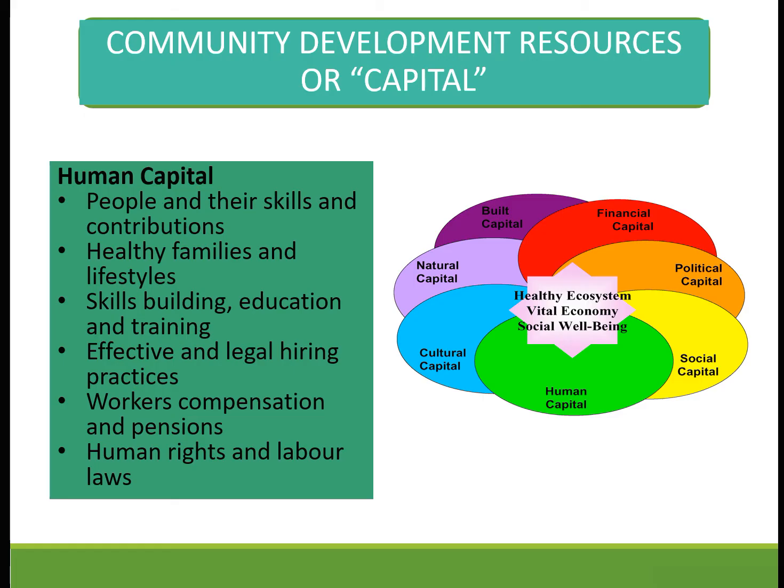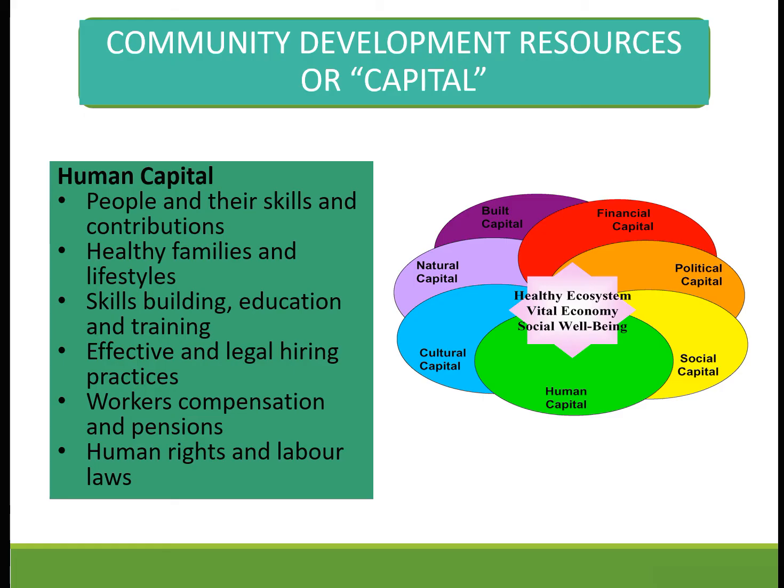Human capital then are the people and their skills and contributions. For example, we know in Newfoundland that a very big asset or resource to a community is to have a doctor. So that is a specific skill that is needed as human capital for many communities, to have strong capacity.